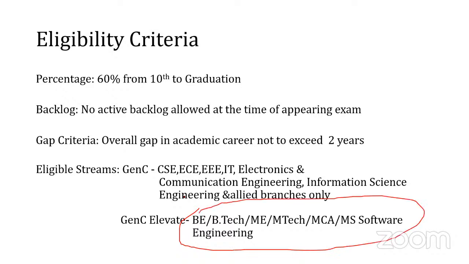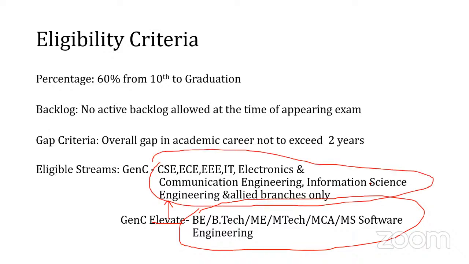And for GenC Elevate, these branches are allowed: Computer Science Engineering, ECE, EEE, Electronics and Communication Engineering, Information Science Engineering, and allied branches belonging to the circuit branches specifically. So all those branches are allowed for GenC Elevate.